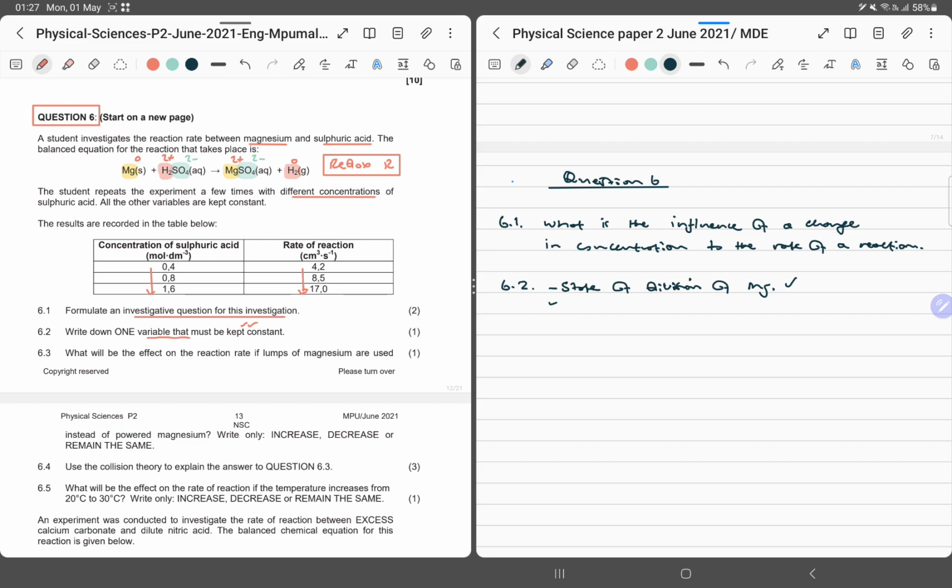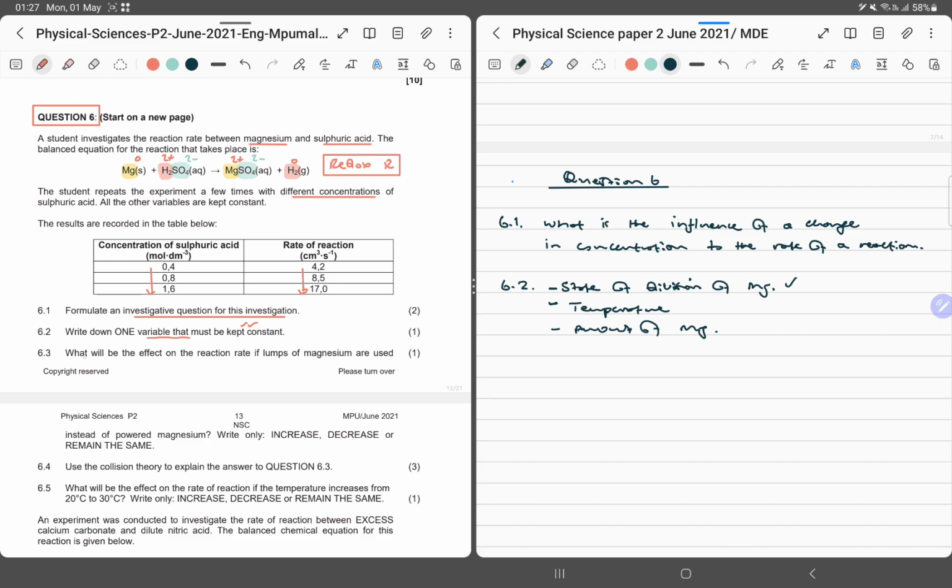And then the other one that we would want to keep constant here is basically the temperature, because we don't want it to have an influence here. So what else can we modify here? Oh, maybe the amount of magnesium. We want to keep it constant. You can name any of the 3, so that would be fine, but they only wanted 1, so don't list all 3.